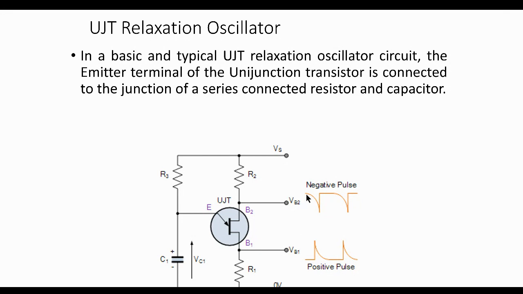At B2, it's a negative pulse train, so it's basically inverted, as you can see here. Depending on which output you're taking, you're going to have a set of positive pulse train or a set of negative pulse train. So be mindful of that.